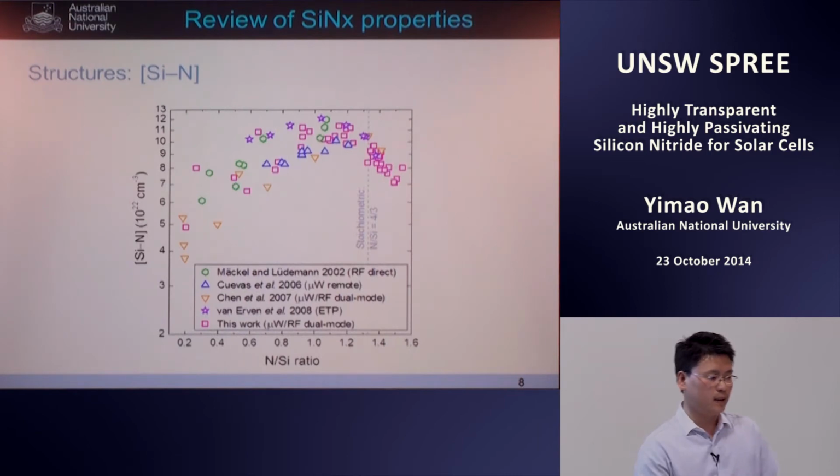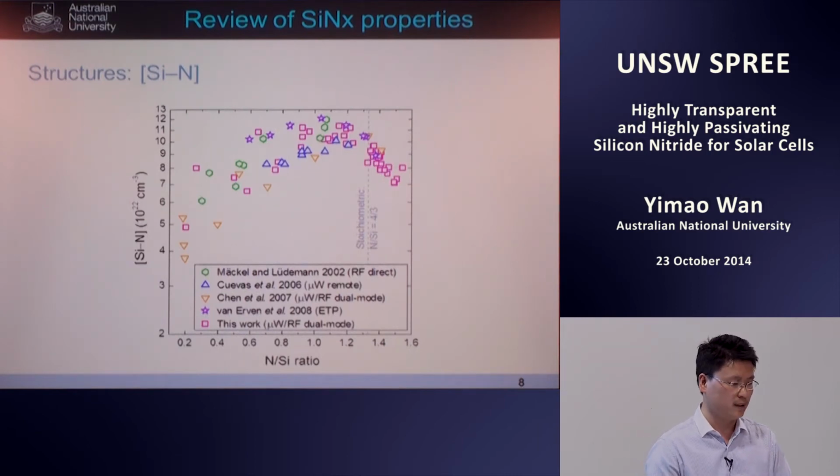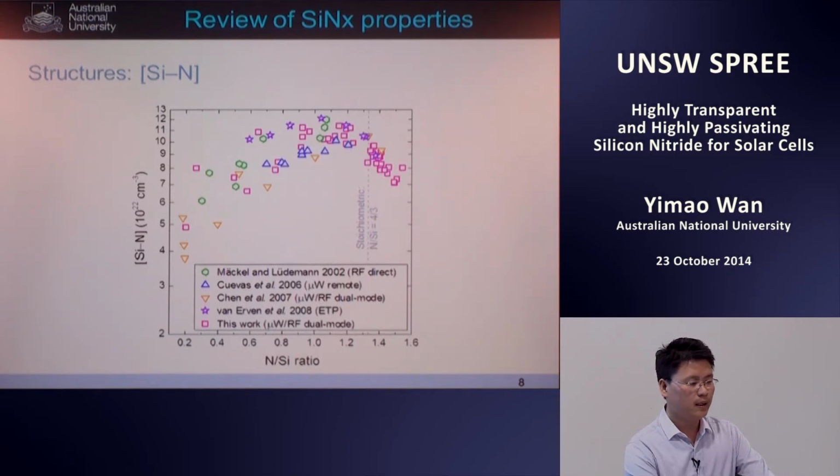The next property is the chemical bond structure, characterized by Fourier transform infrared spectroscopy, which gives the silicon-nitrogen bond density, hydrogen bond density, and bond peak wave numbers. The first is the silicon-nitrogen bond density plotted as a function of atomic ratio, again for several different deposition techniques.